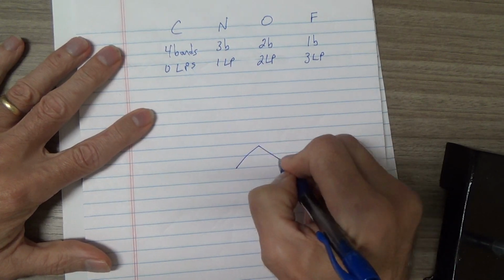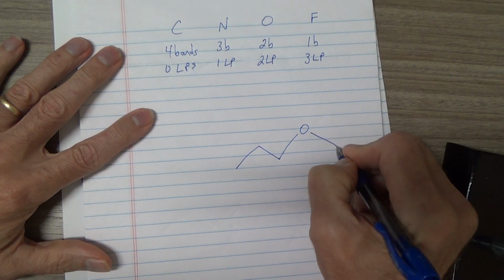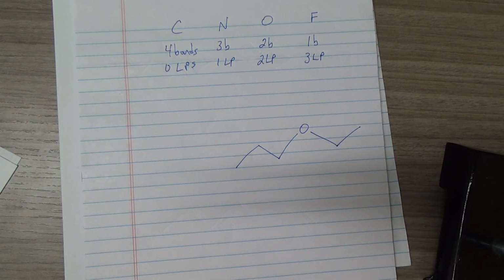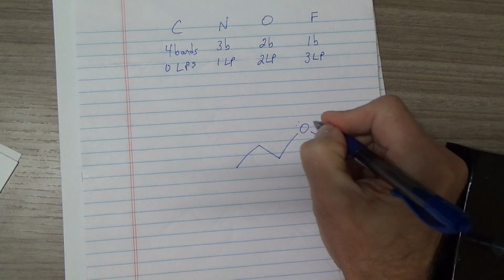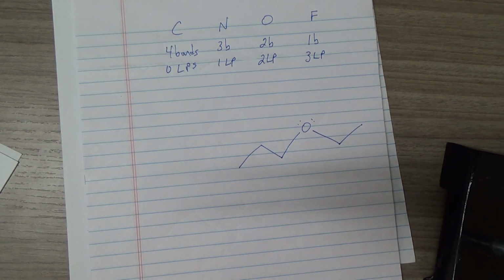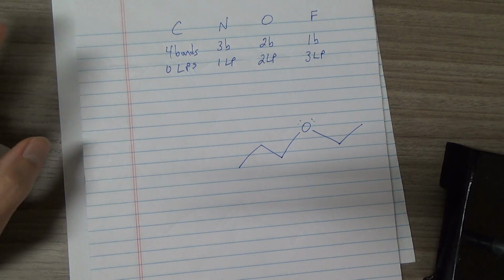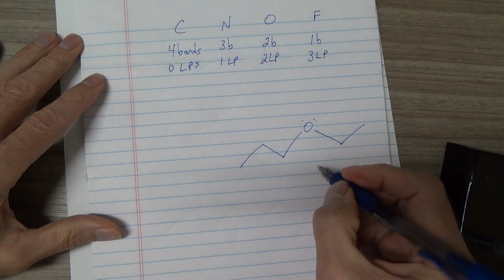Let's go back and we can just say, what if we just put this here? Well, I drew an ether, okay? That compound is an ether, or we can say the functional group that's in that compound is an ether, either way you want to say it.